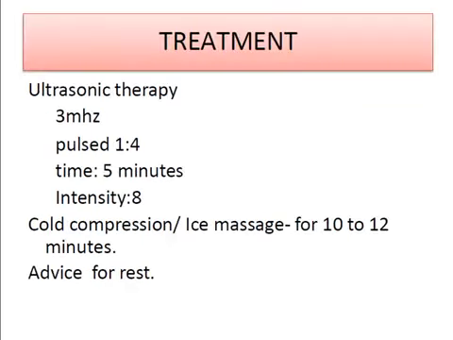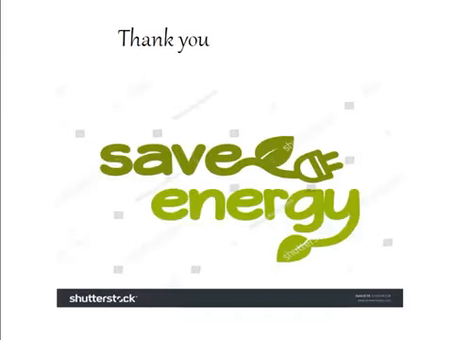Then for treatment, 3 megahertz pulsed ultrasound was given at the ratio 1:4, 5 minutes, intensity 8, along with cold compression and ice massage, and the patient was advised rest with some braces given to the patient. And we saw a very positive impact after 4 weeks.